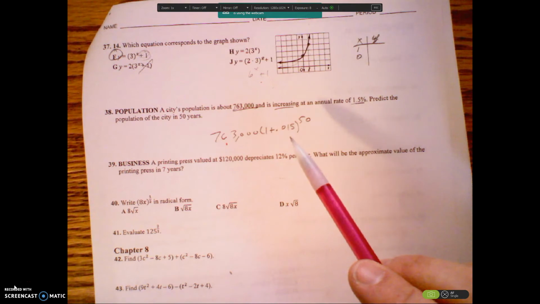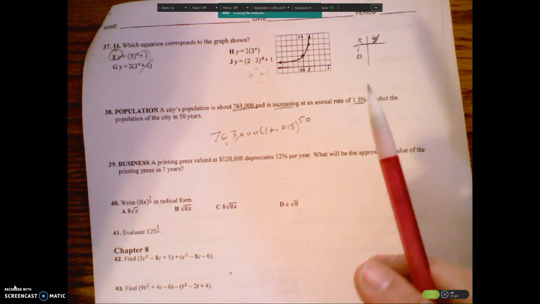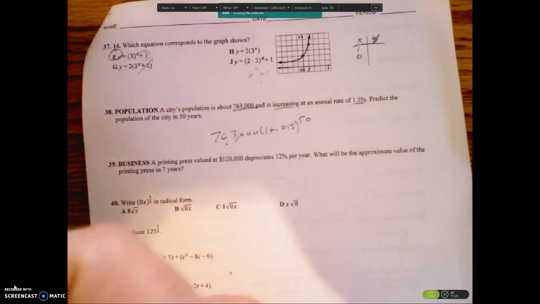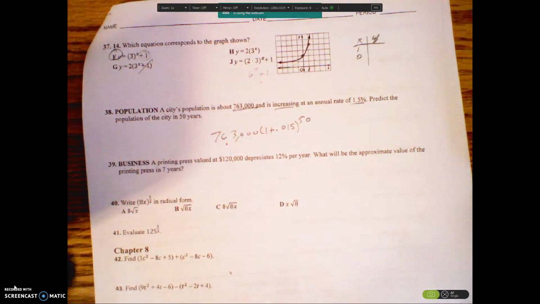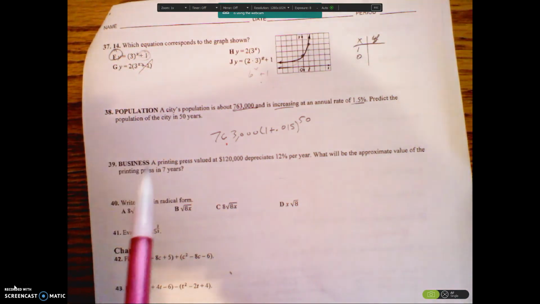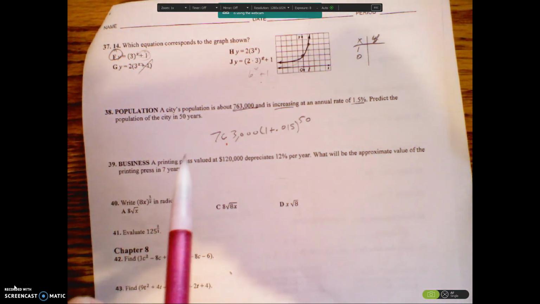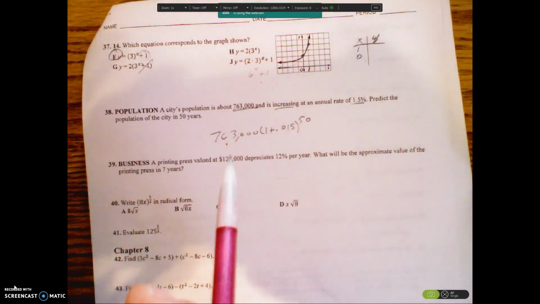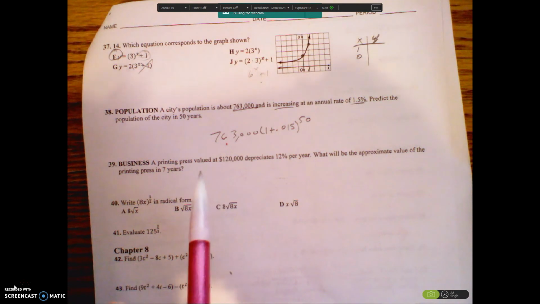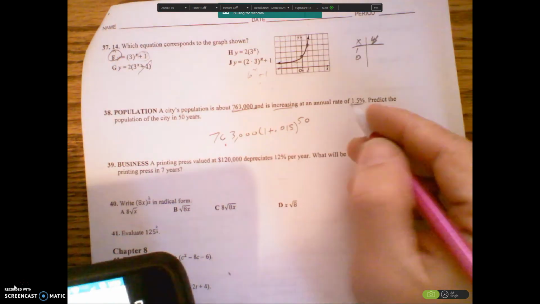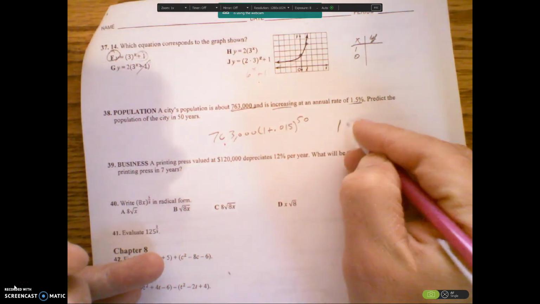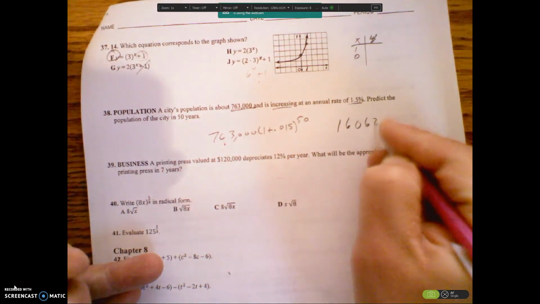I got to find that on my calculator here. Let's see. There it is. To the 50. And that gives me like 2.10 something. I'm going to leave the whole number in there, and then I'm going to multiply it by our initial. And that gives me a value of, let's see here, 16062.